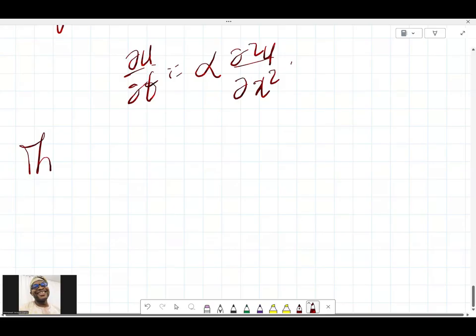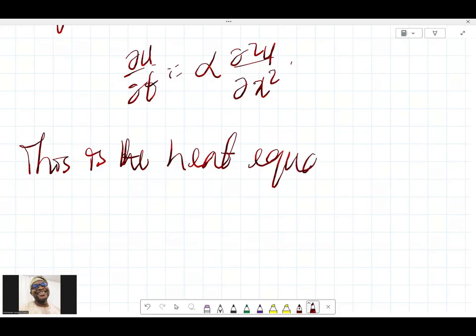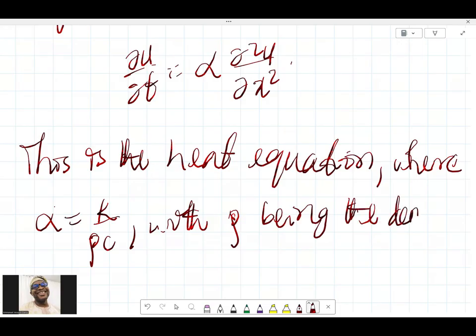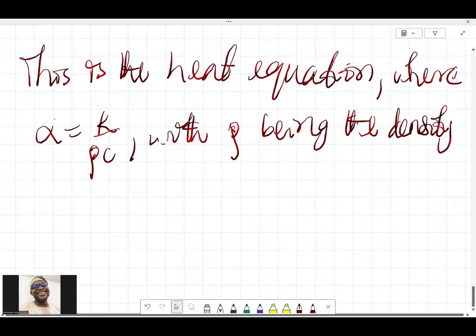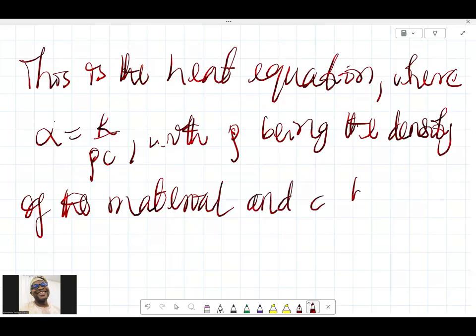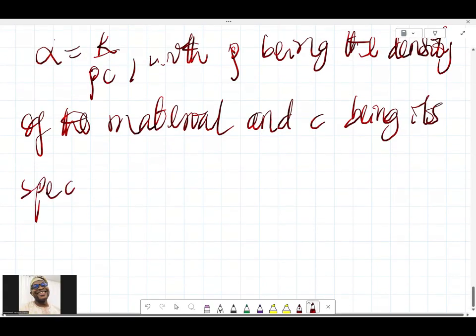This is the heat equation, where alpha is equal to k over rho c, with rho being the density of the material, and c being its specific heat capacity.